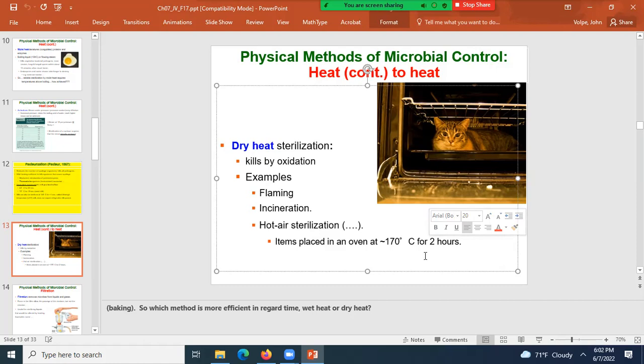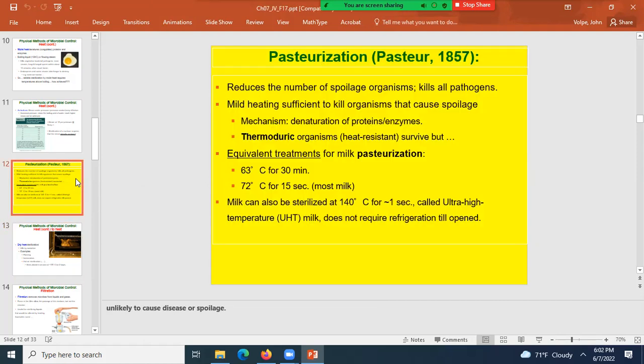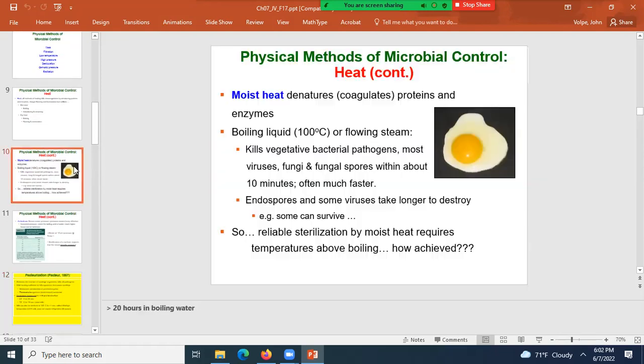to be effective, meaning dry heat sterilization is not as effective as wet heat sterilization, which at 100 degrees Celsius, you only need 10 minutes.